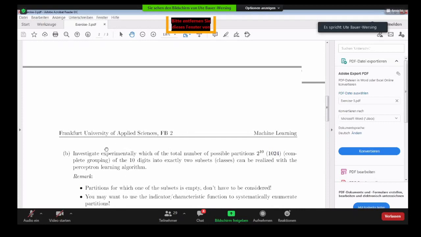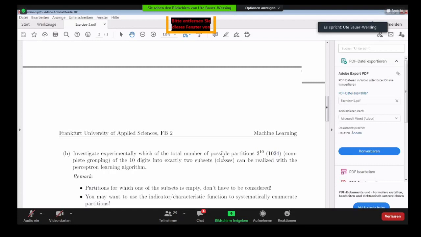In part B, the task was to solve 1022 different classification problems. These classification problems had to be generated by using all possible partitions of the set of 9 digits.